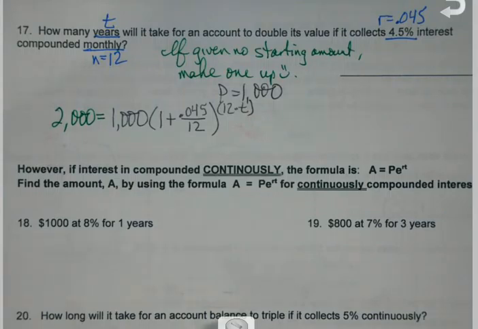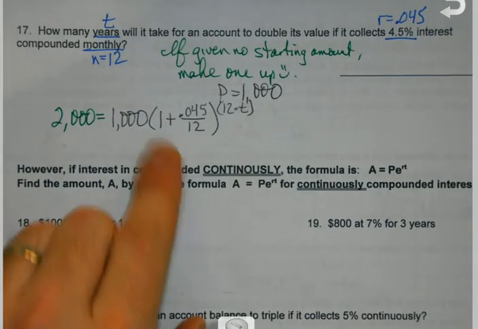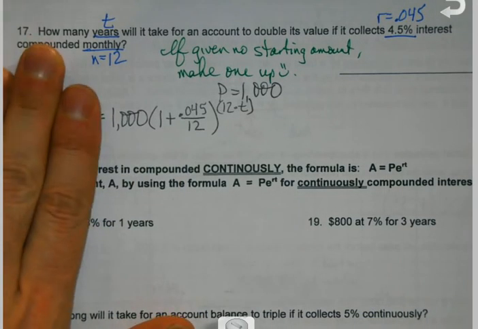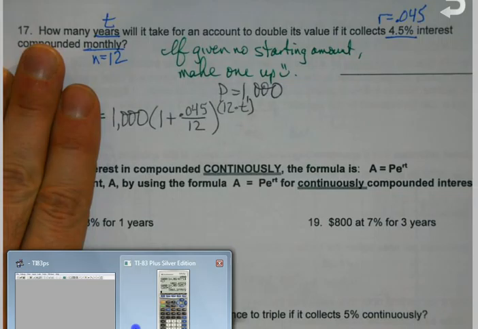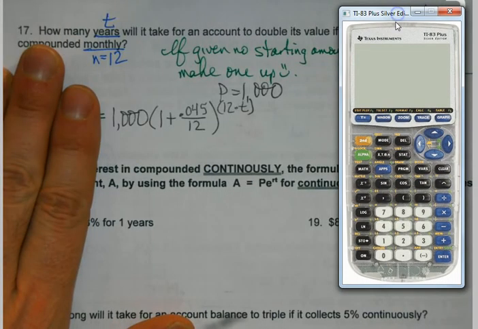So here's how this works. What I'm going to do is type this part, not the 2,000. We'll use that in a second. But we're just going to take this part on the right and put it into the y equals.